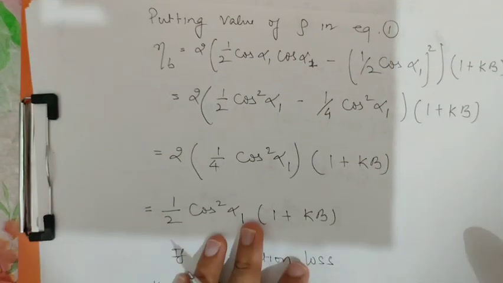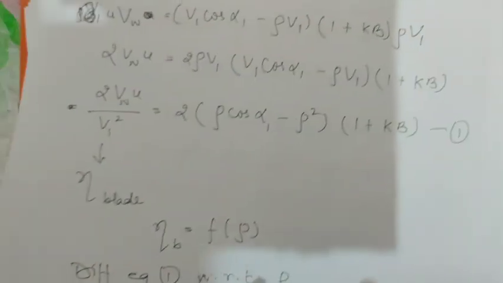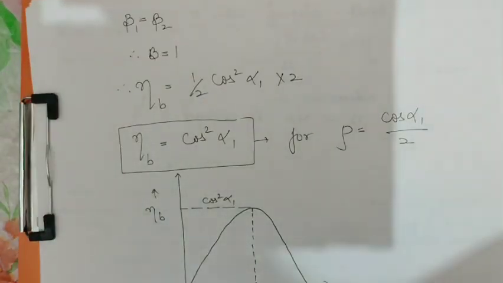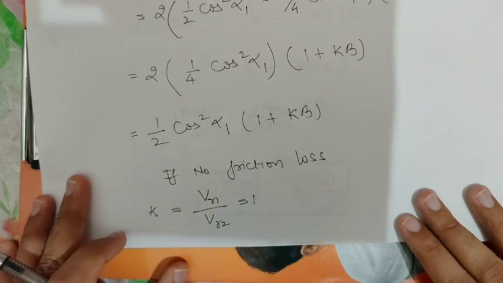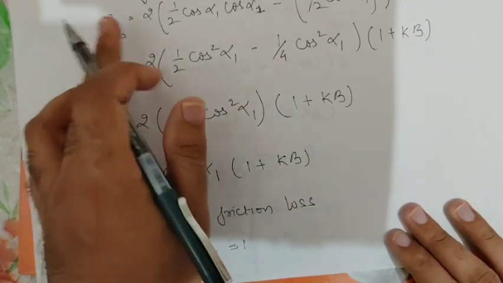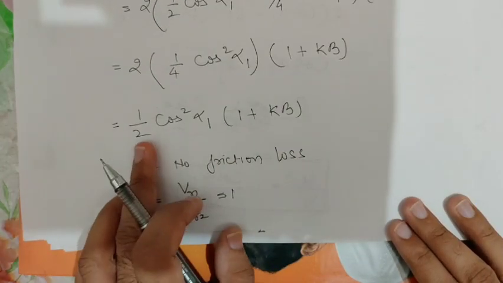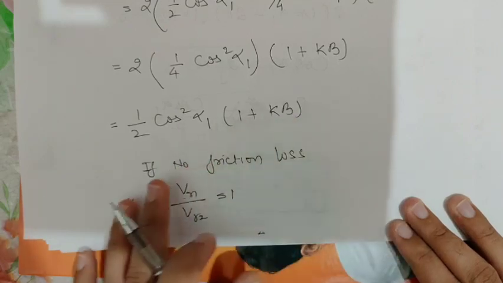Now putting the value of rho in this equation, we get the blade efficiency as 1 by 2 cos square alpha 1, 1 plus kb.